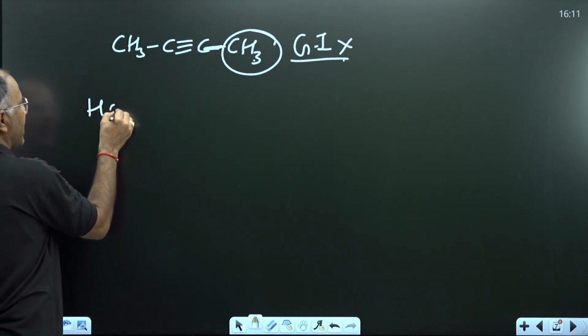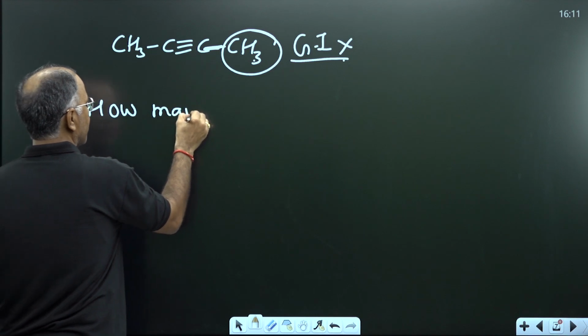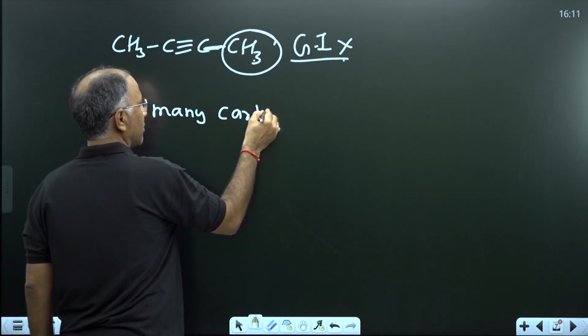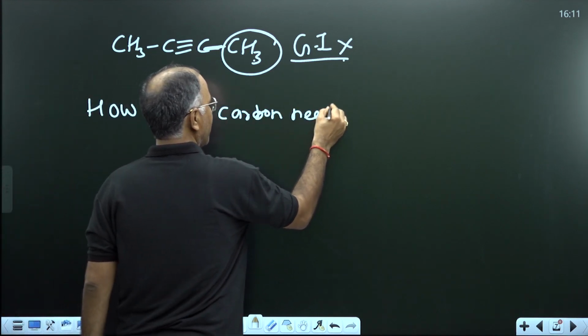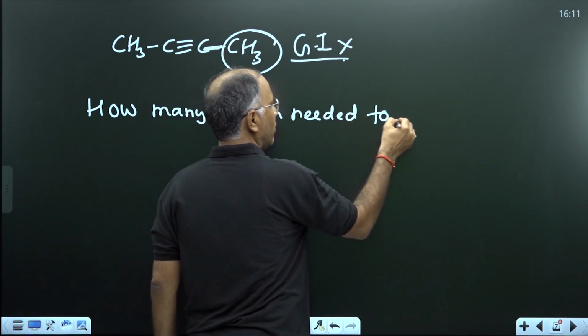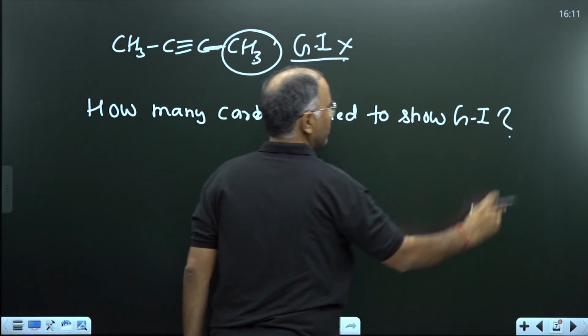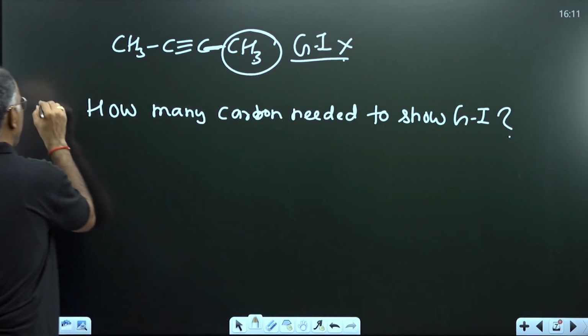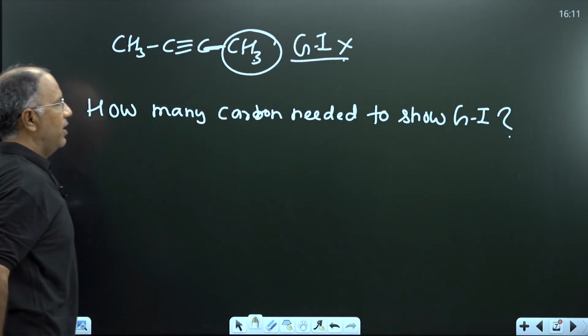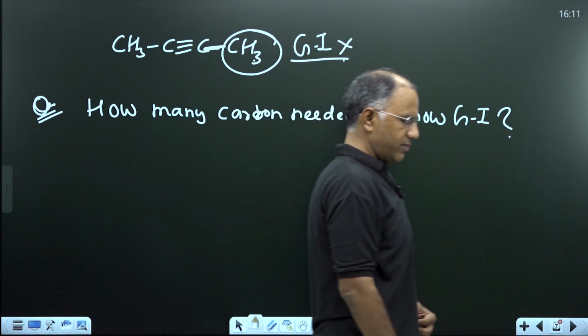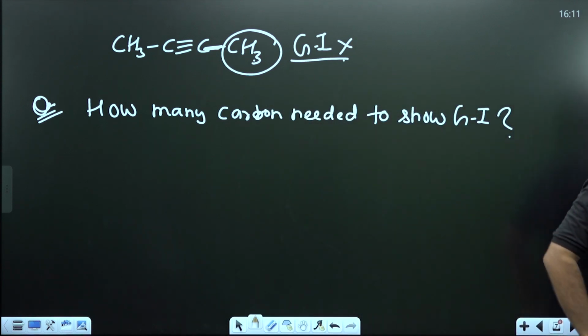This means the monovalent will not show geometrical isomerism. Now, how many carbons are needed by any molecule to show GI? GI means geometrical isomerism. How many carbons, meaning the minimum number of carbons, are needed by any molecule to show GI?